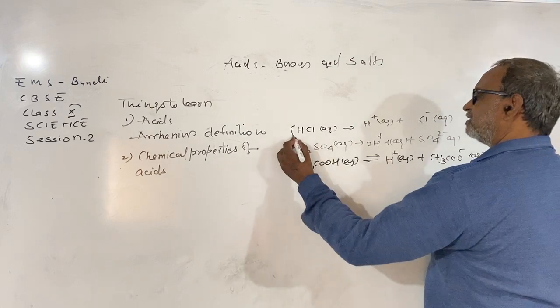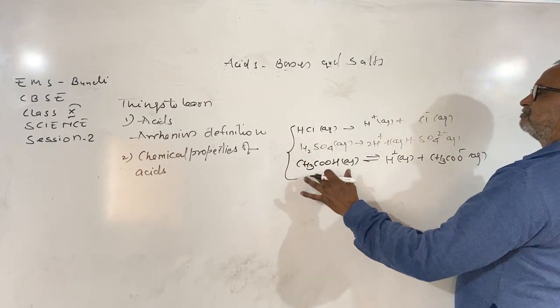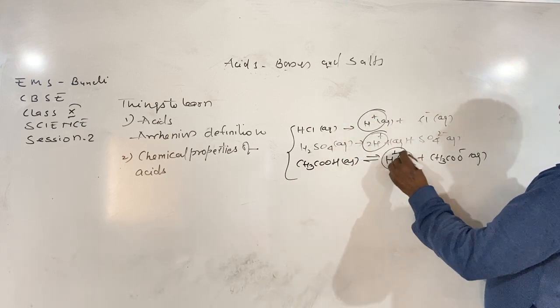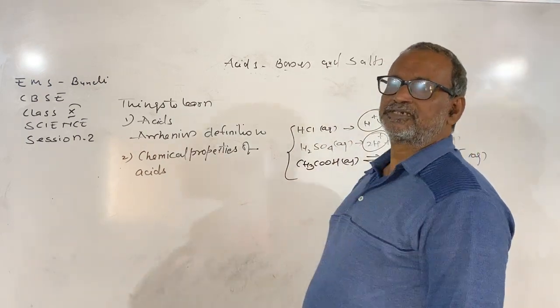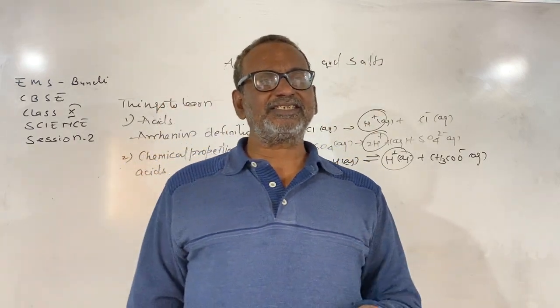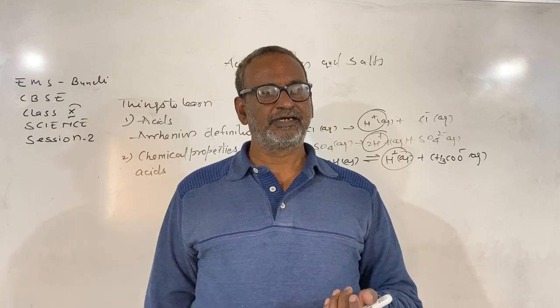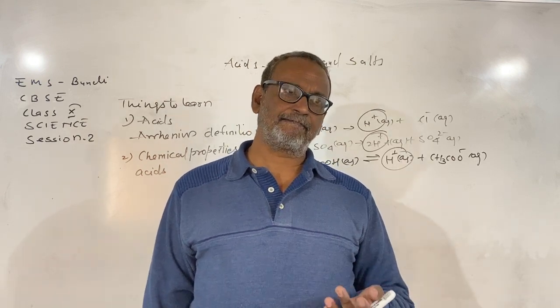So what is common in all these reactions? That all these compounds are producing hydrogen ions when they are dissolved in water. This is the Arrhenius definition of acids. The acids are the compounds which, when dissolved in water, dissociate to produce hydrogen ions.